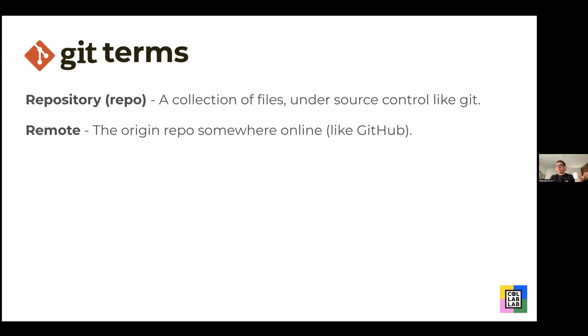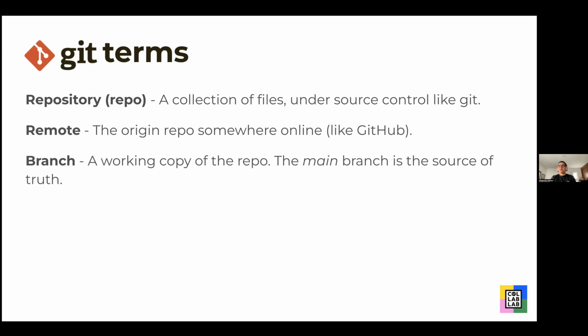So that's a repository, or a repo. There are other version control systems like Subversion and Mercurial, but I have never worked with those except when I started working in tech. I used Subversion, but that's it. Now everything is Git. Now the remote is the repository that lives online, right? In this case, it would be GitHub, right?